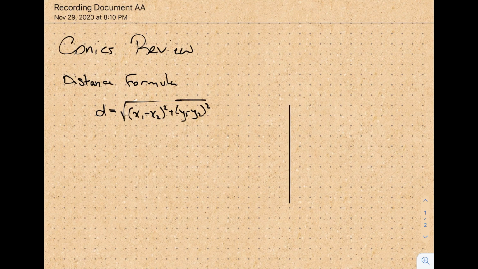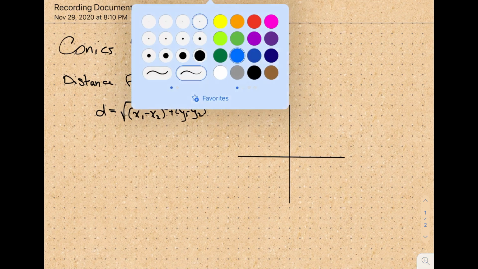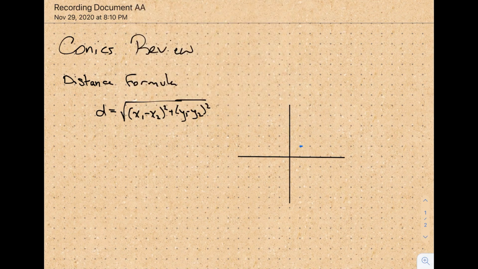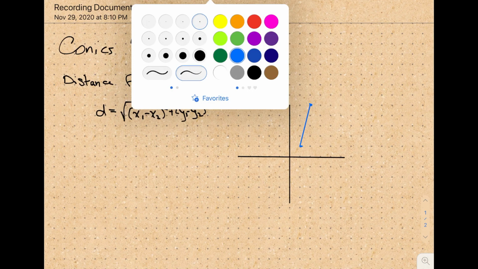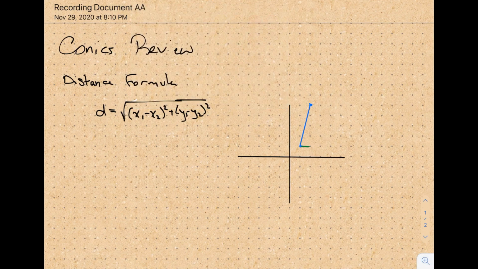So for example, if I have two coordinates, let me just plot a couple. The point (1, 1), and then the point (2, 5). If I want to find the distance between them, or the length of this segment, first I'm going to plug my x coordinates into the formula, which is essentially just finding this distance here. 2 minus 1 squared.